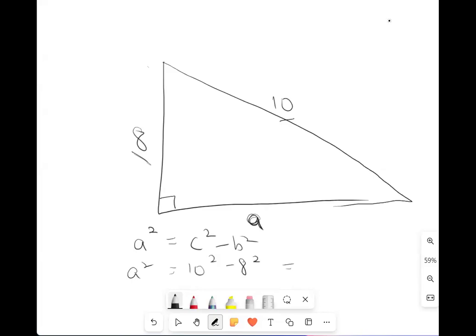So it's going to be 100 subtract 64 equal 36. So A then will be the square root of 36, which is 6. However, not every time you have these nice numbers, you get decimals sometimes, right?